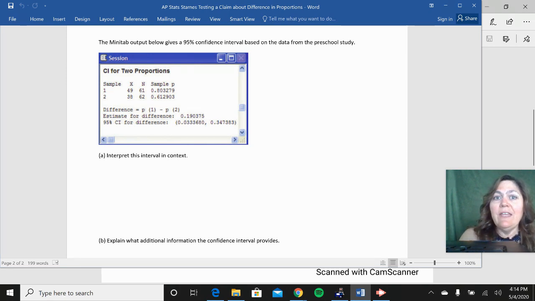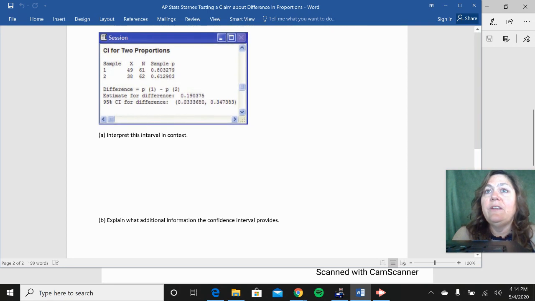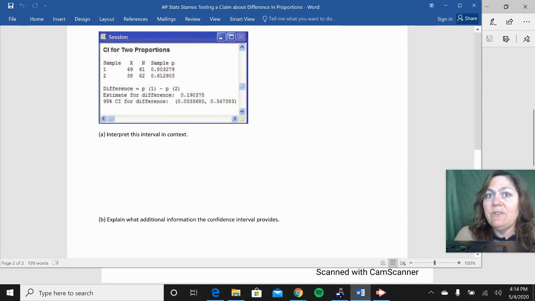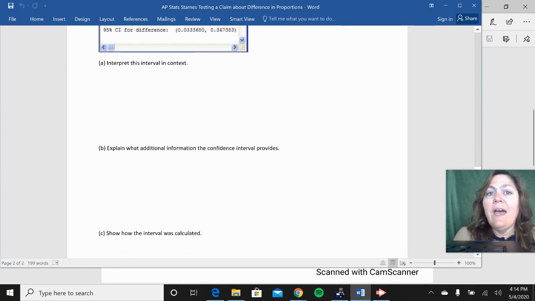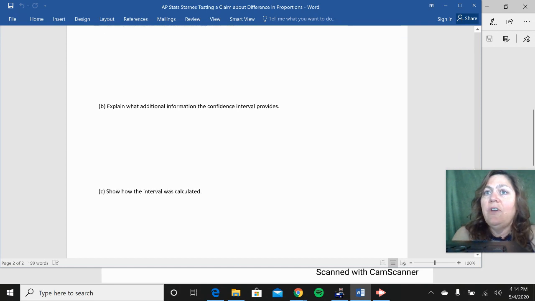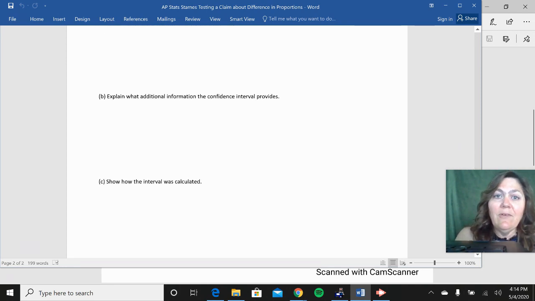And so what I'd like you to do now is to interpret that interval in context. It's still the same situation, these preschool students that are now adults, and then explain what additional information this confidence interval provides for our testing that we just did, and then show how that interval was calculated.